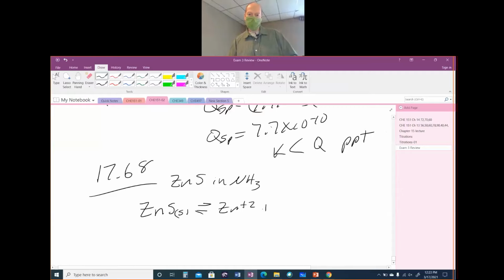Zinc plus 2, S-2. You look up your KSP. And the KSP for that is 1.1 times 10 to the minus 21.